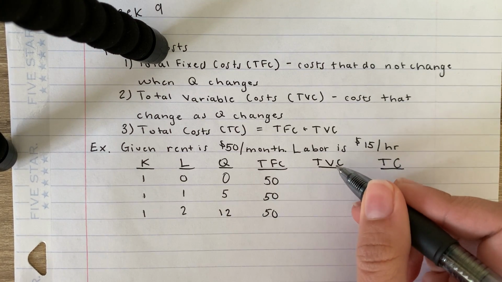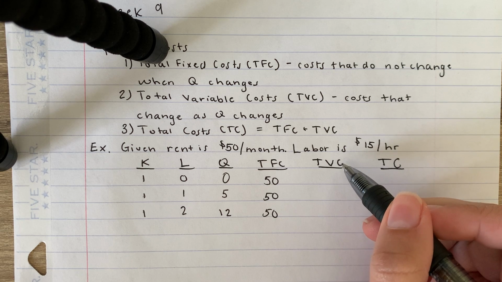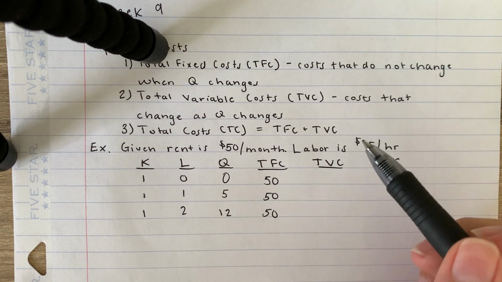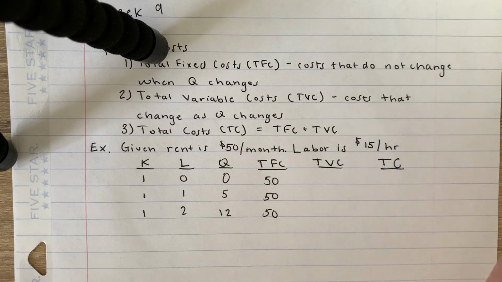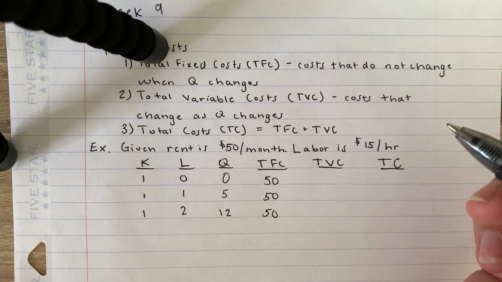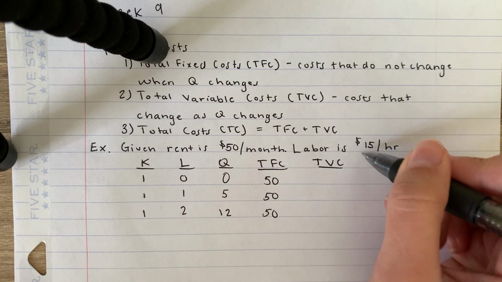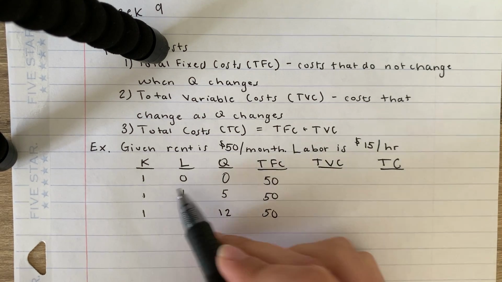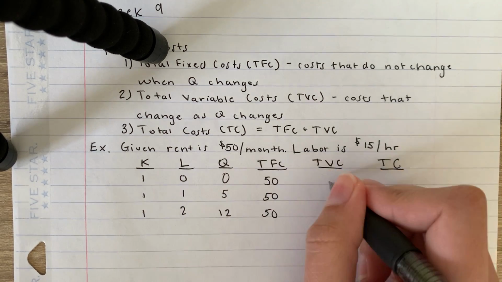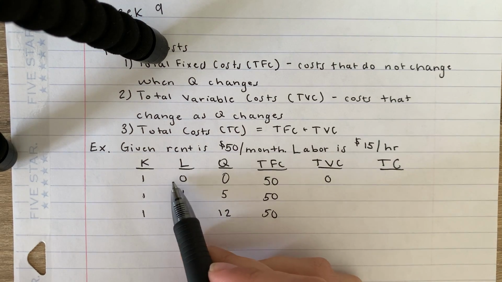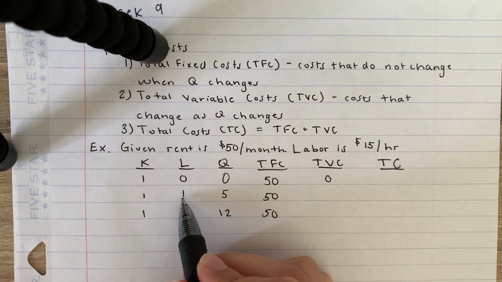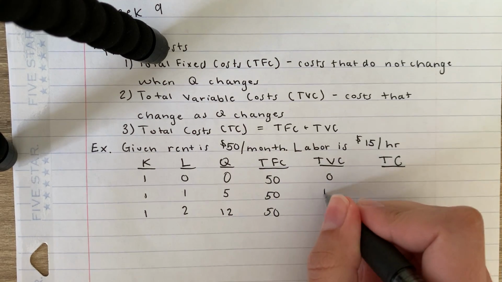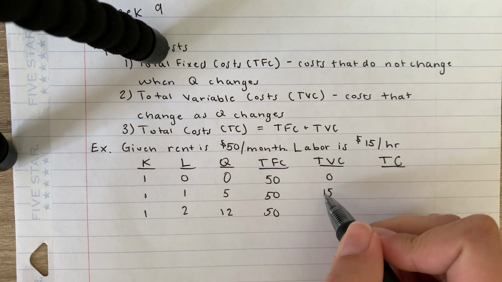And then variable cost. The variable cost is going to be the wage times the number of workers employed. In this case, the wage is $15 an hour. How many people are employed? 0. So this is just 0 because nobody's employed times $15. The first worker, 1 person employed, paying them 15, is just 1 times 15.